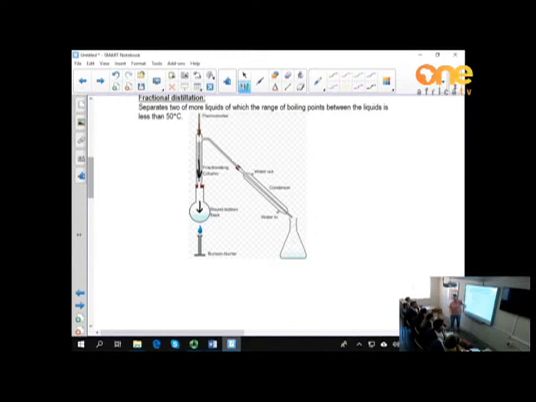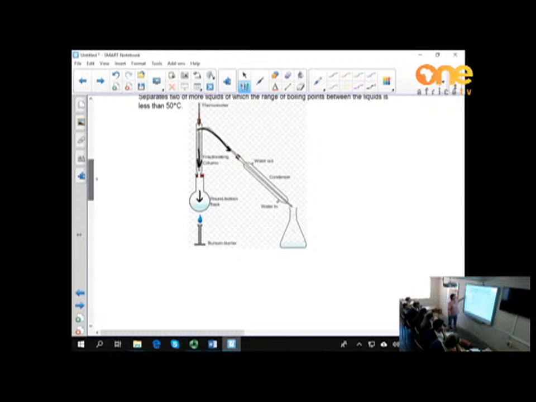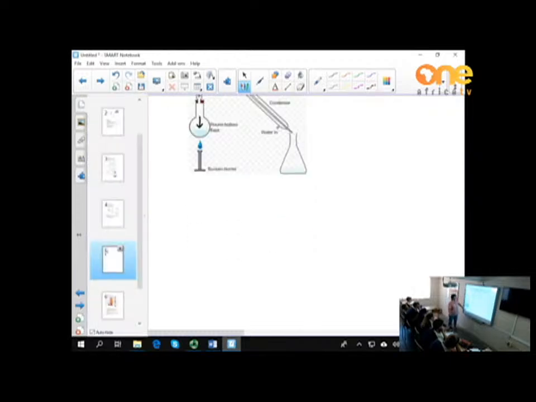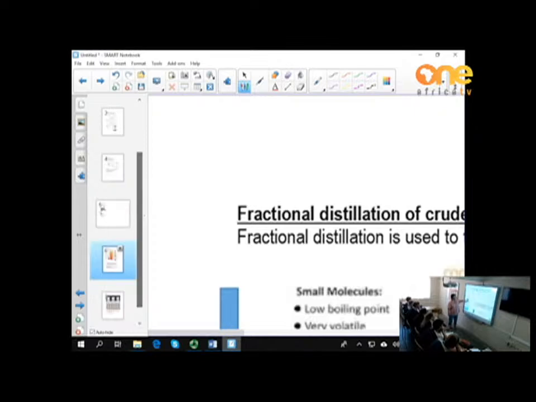Only the one that vaporizes at 40 degrees will be able to enter the tube of the Liebig condenser. The liquid will be condensed and it can be caught up. Now, this is actually a very long process to remove the different fractions from the mixture. In the petrochemical industry, they have a more complicated fractioning column.